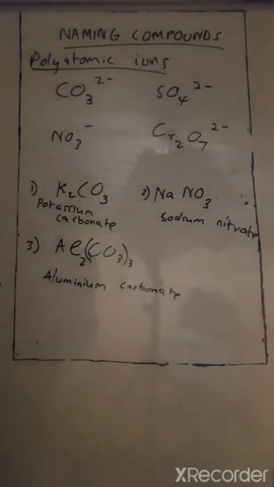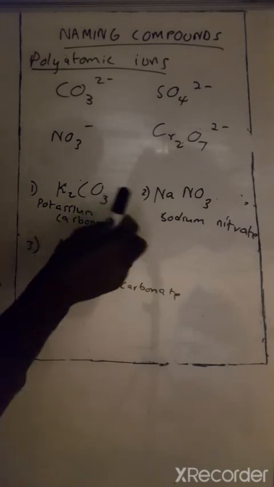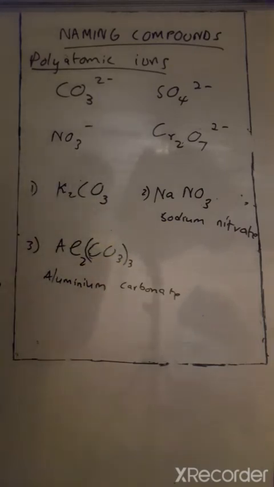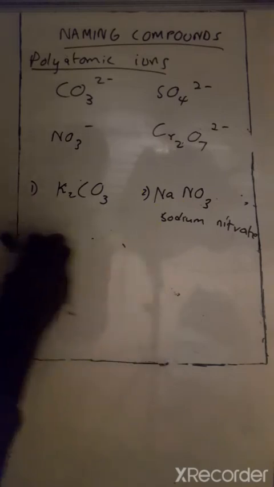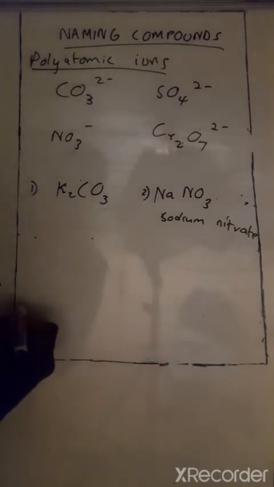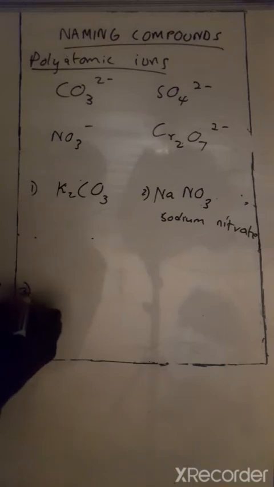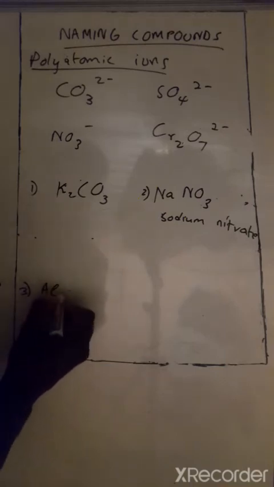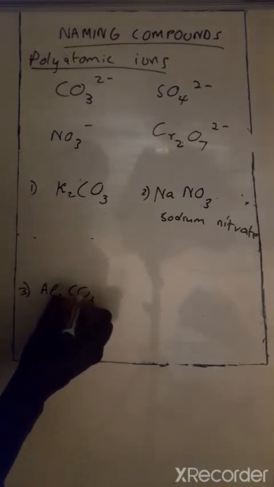Now remember I had said I'm going to show you how we get these compounds. Let's start with the first one, potassium carbonate. Now I want you to notice this. I'm just going to remove this aluminium carbonate and put it here.